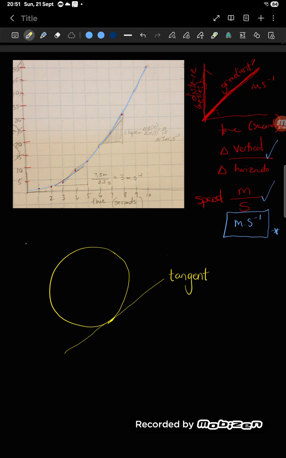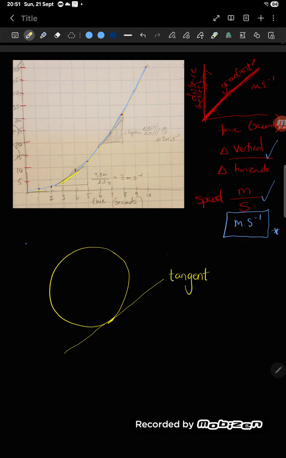Now, I want to see the slope or the gradient of this, but I can't exactly see it. The gradient isn't the same here as it is here. It's climbing higher and higher and higher. So what do I do? I make a little triangle.